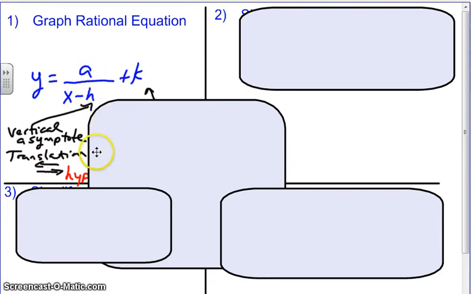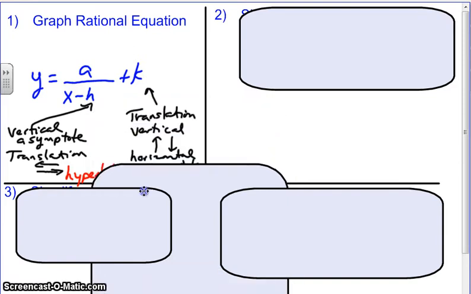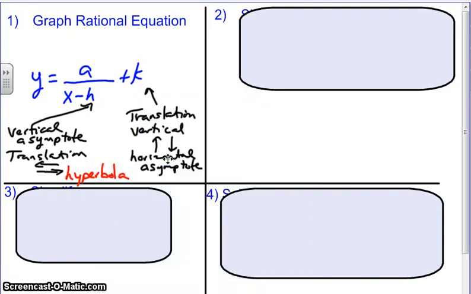It moves it left and right. And k is what? Good. Translation up or down, vertical. And the entire graph gives us a hyperbola, which looks like what? Does it look like a U shape, a line, an S? 2 C-shaped branches. That's right, 2 C-shaped branches.